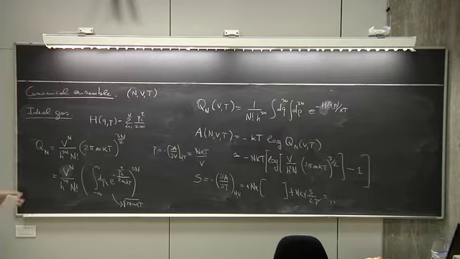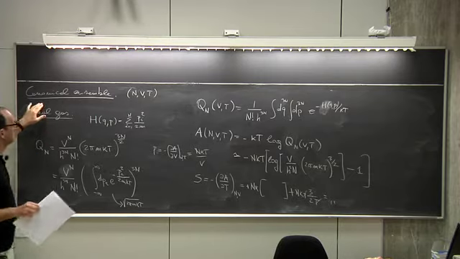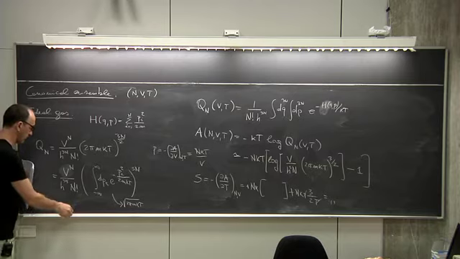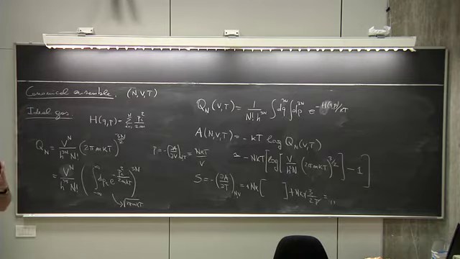And so this implies that the results which you derive from the canonical ensemble are exactly the same as the results that you derive from the microcanonical ensemble. And so what we want to see next time is why is this so?